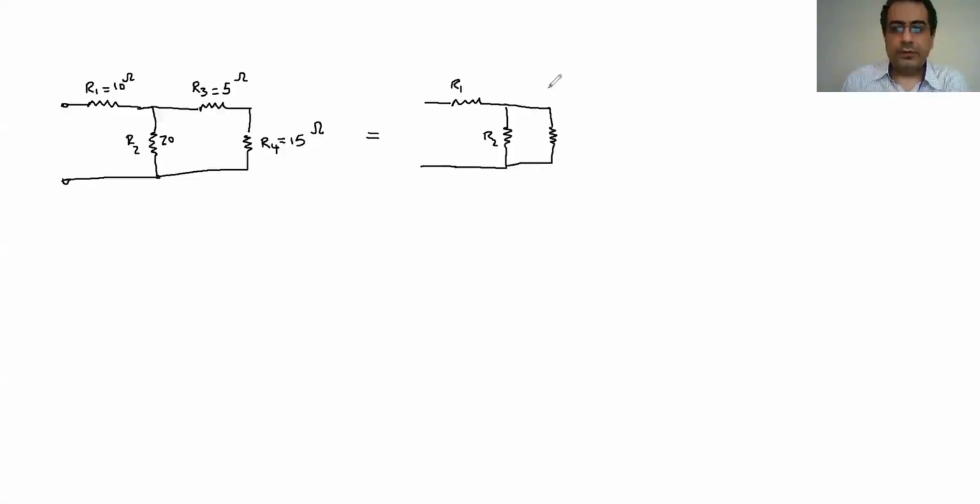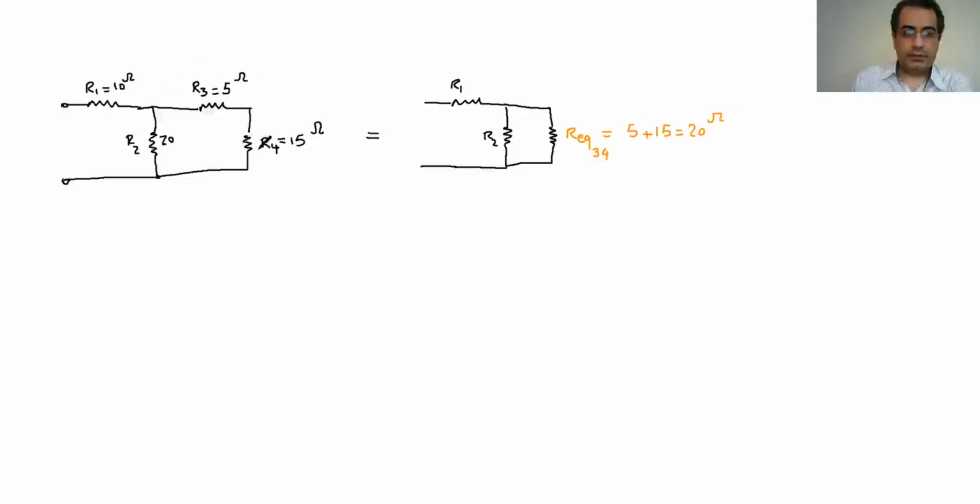What I'm going to have is REQ for 3 and 4, the equivalent of 3 and 4. They are in series, so you just add them together. It's going to be 5 plus 15, which is 20.